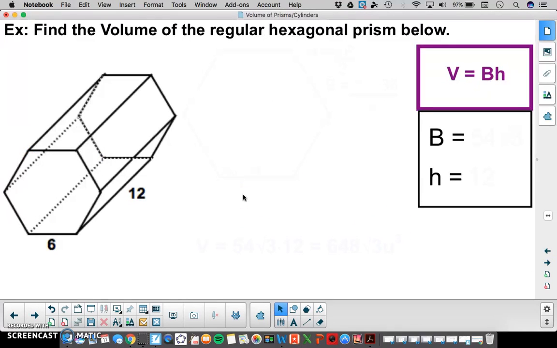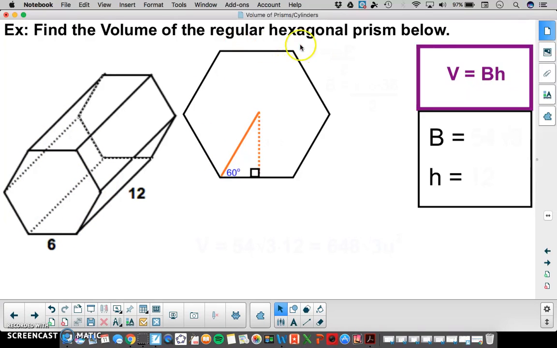Next, we're going to find the volume of the regular hexagonal prism. We need to find big B and multiply it times the height. So we have this hexagon, that's the base of our prism. So we have to find the area of that hexagon. We find the area of a regular polygon by using the formula 1/2 apothem times perimeter. So I have to find the apothem, and I have to find the perimeter of that hexagon.